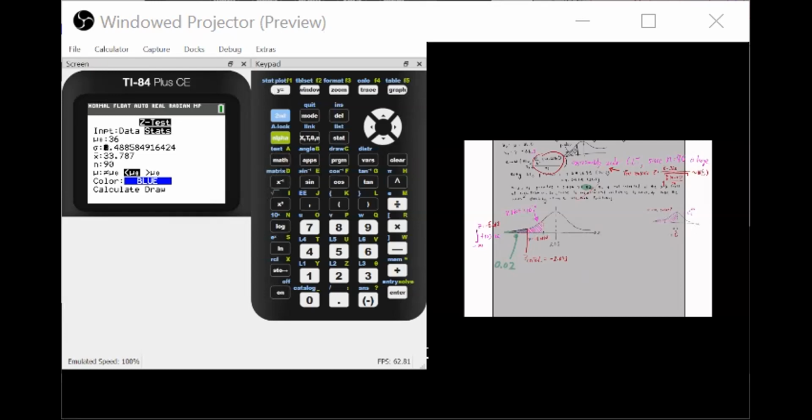It should not be 33.387, it should be 36. This X bar should be 36, right?